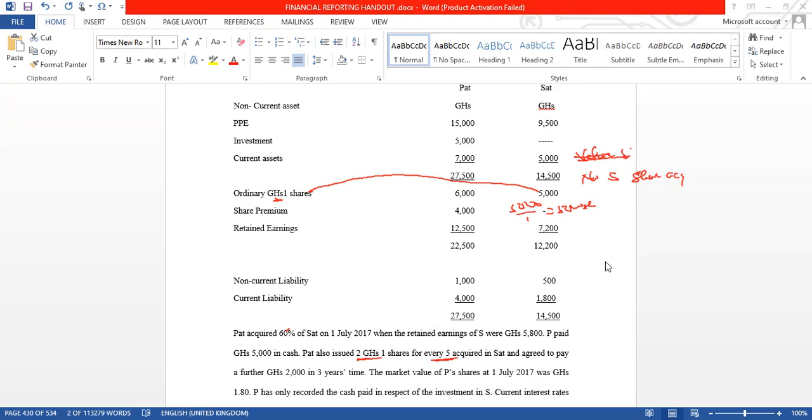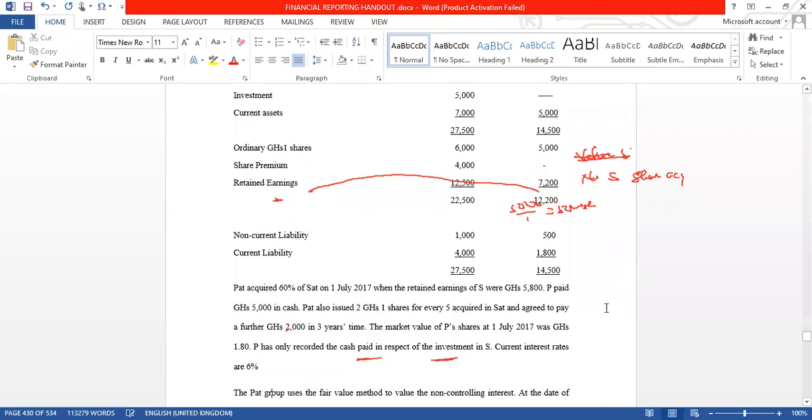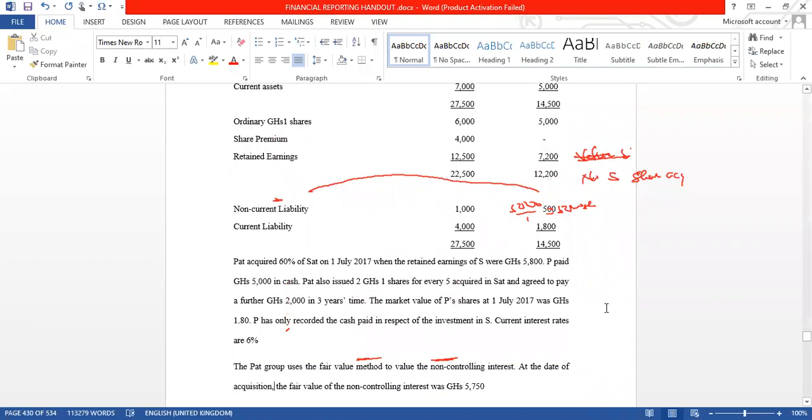We need that. So we know that it's 2 for every 5. So what is the market value of the share at the date of acquisition? Here we have 1.8. All right, so that is it. Keep that in mind, 1.8.